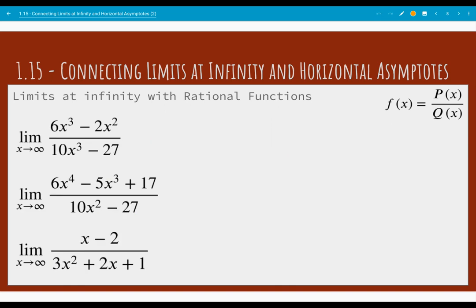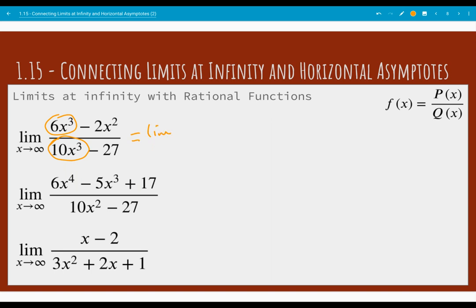All right, if we look at a few other examples, the first example here, when we plug in large values of x, the 6x cubed in the numerator is going to be the most impactful. It's going to dominate the value of the top, and the 10x cubed is going to dominate the value of the bottom. So this is going to behave like the function 6x cubed over 10x cubed.